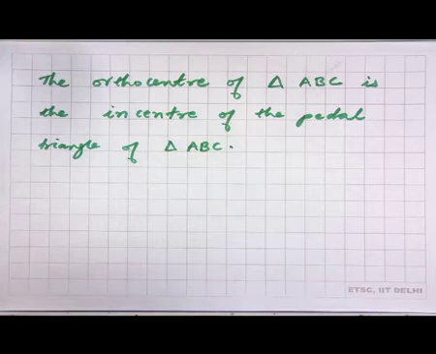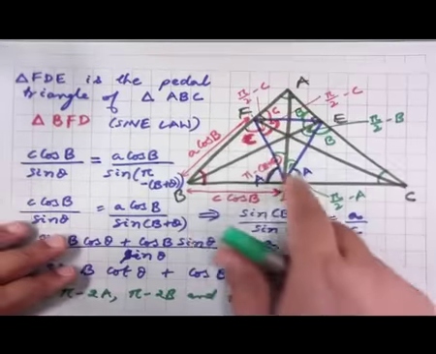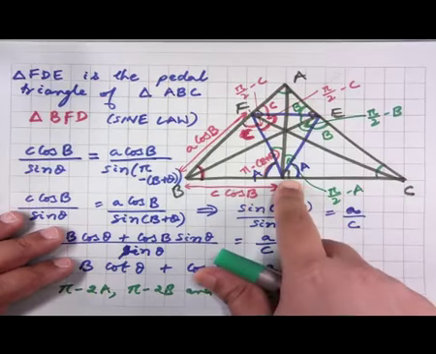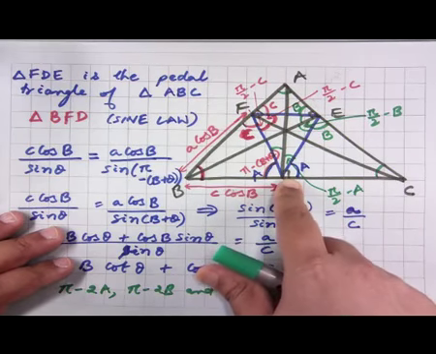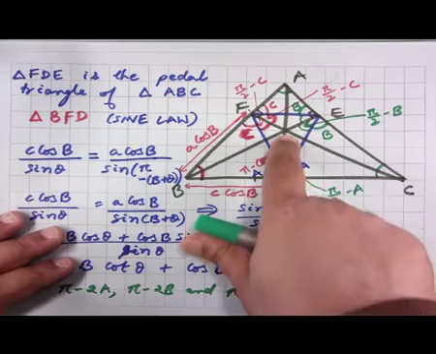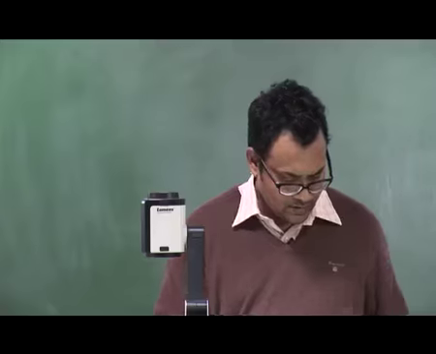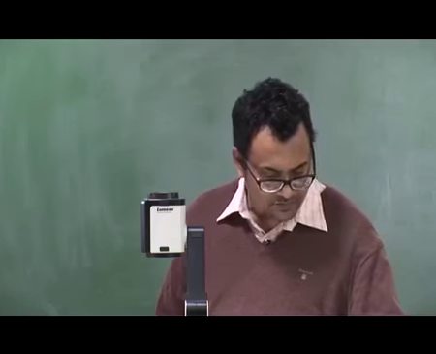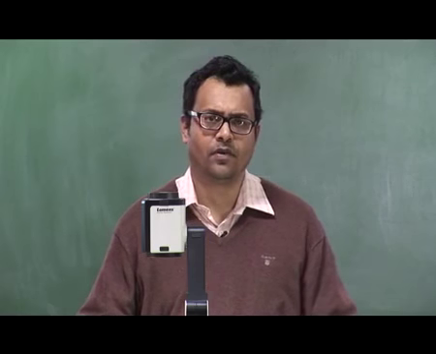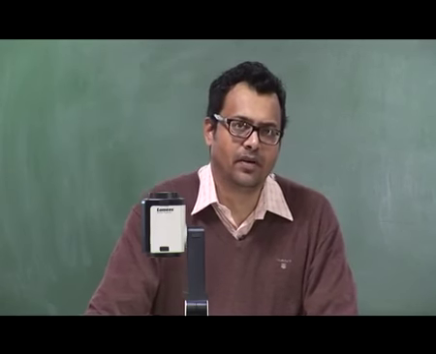So, this is a very interesting result which we have just shown, and that happens only because all these three perpendiculars happen to be the angular bisectors of the pedal triangle, and of course, they meet at the orthocenter. So, with that we have found the measure of all the angles of the pedal triangle.